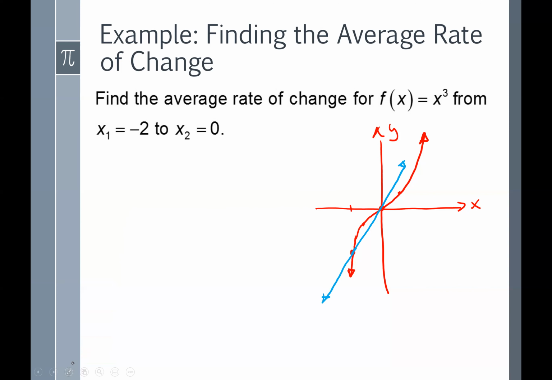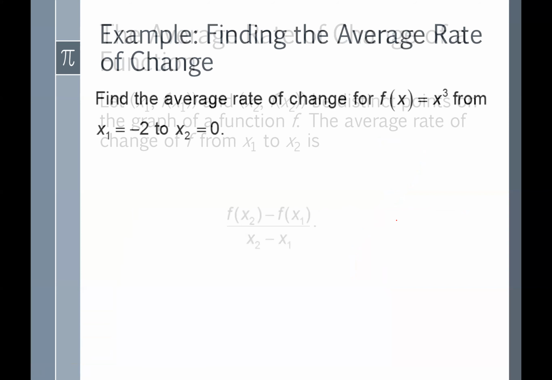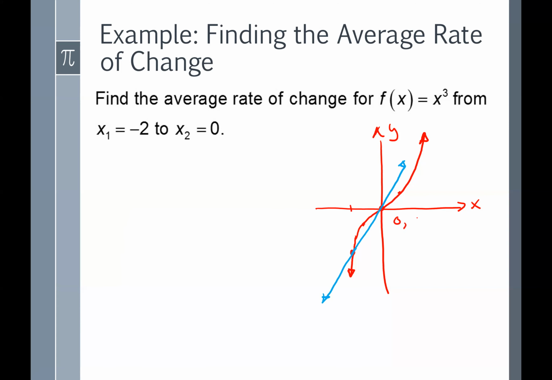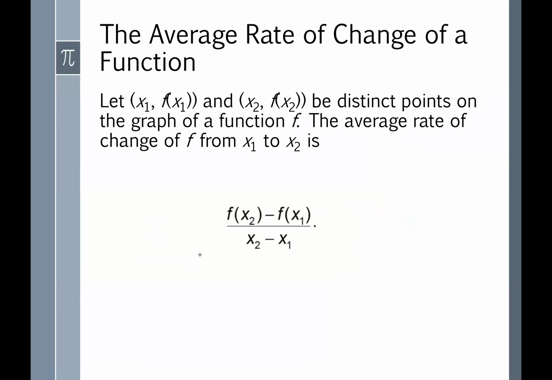So we need to find the two points. So we have (0, f of 0) as one point, and (-2, f of -2) as the other point. So what do I need to do? I need to evaluate this function at -2, and I need to evaluate this function at 0. So I'm going to first find, whoa, stop helping me, PowerPoint.